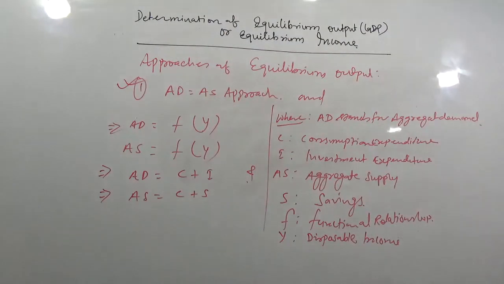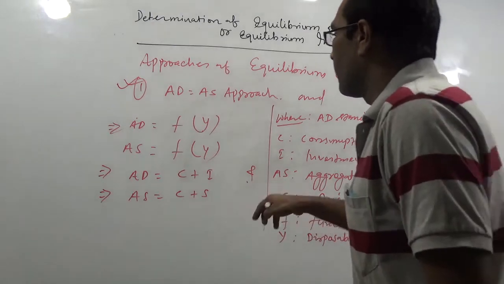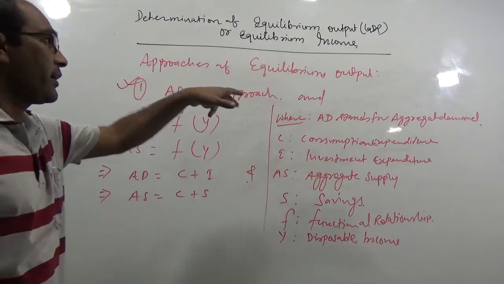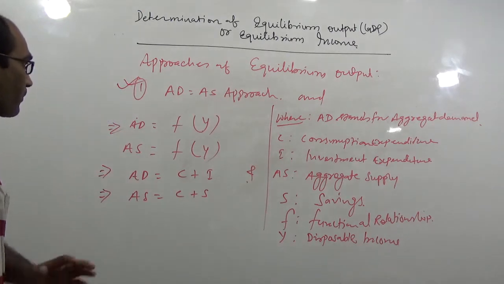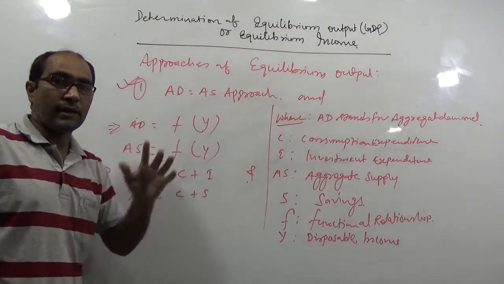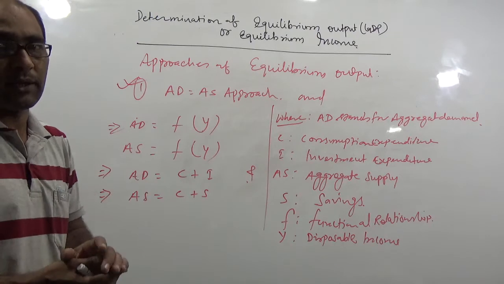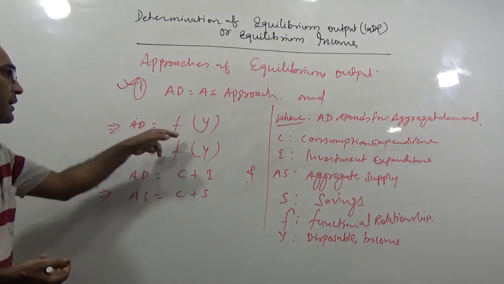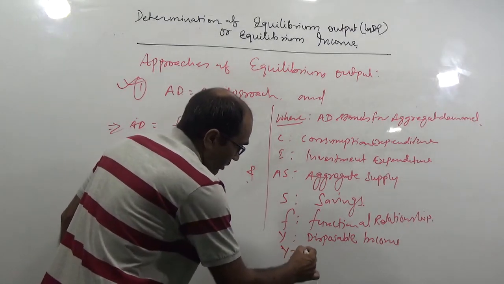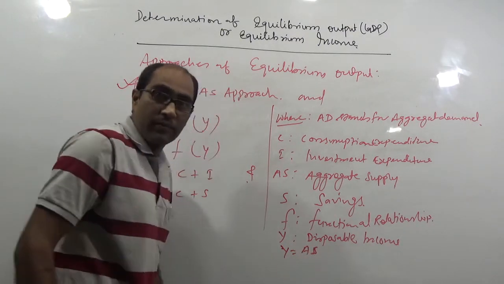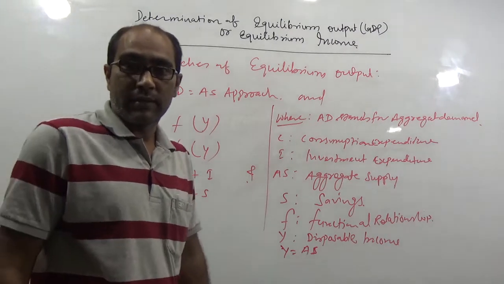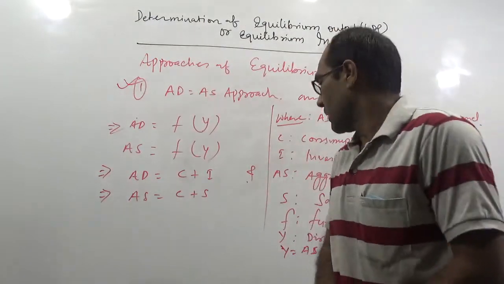See, we have to recall the notation we are using here. In the AD equal AS approach, AD is the function of Y, that is the level of income, or you can say disposable income. There is a direct link between AD and Y. Here, Y equals AS, and AS is the same as the level of income.